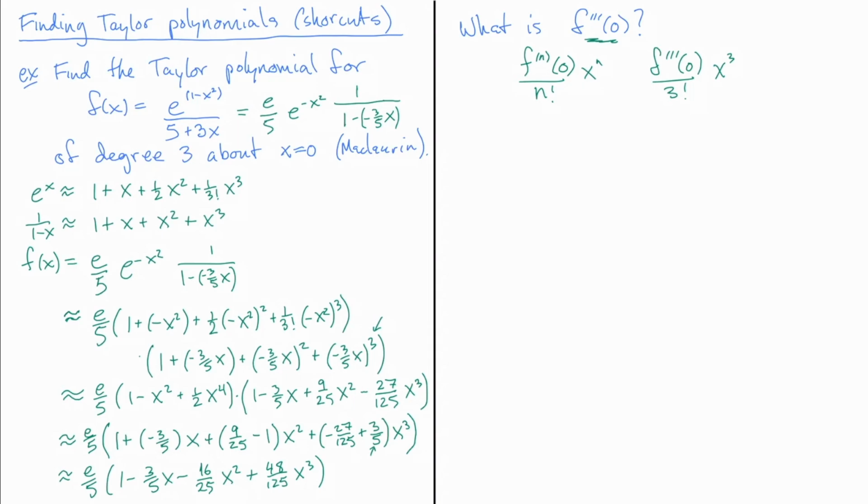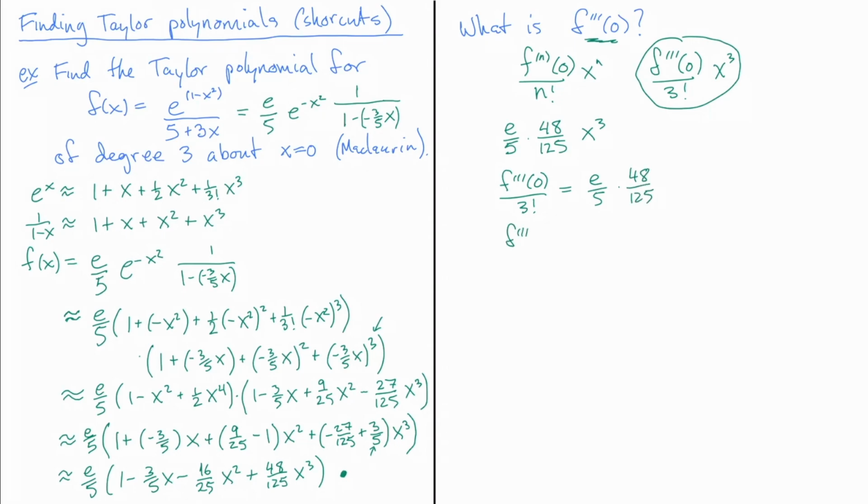So in this expansion over here, the degree 3 term is e over 5 times 48 over 125 x cubed. And so for this to be a term of this form, I have to equate f triple prime of 0 over 3 factorial to e over 5 times 48 over 125.